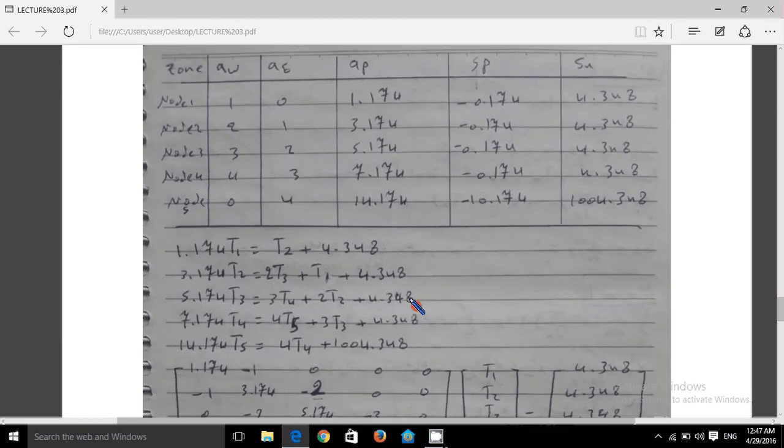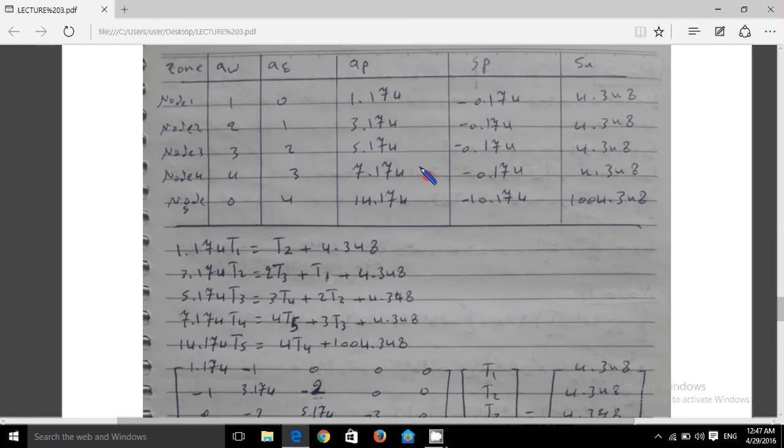Then I will write the equations of this table. This is the a point. This table's a point means the point of the node, like a point 1.174 is equal to T west, which is the T2, and T east I don't have it, plus the source term, and the others in the same way.